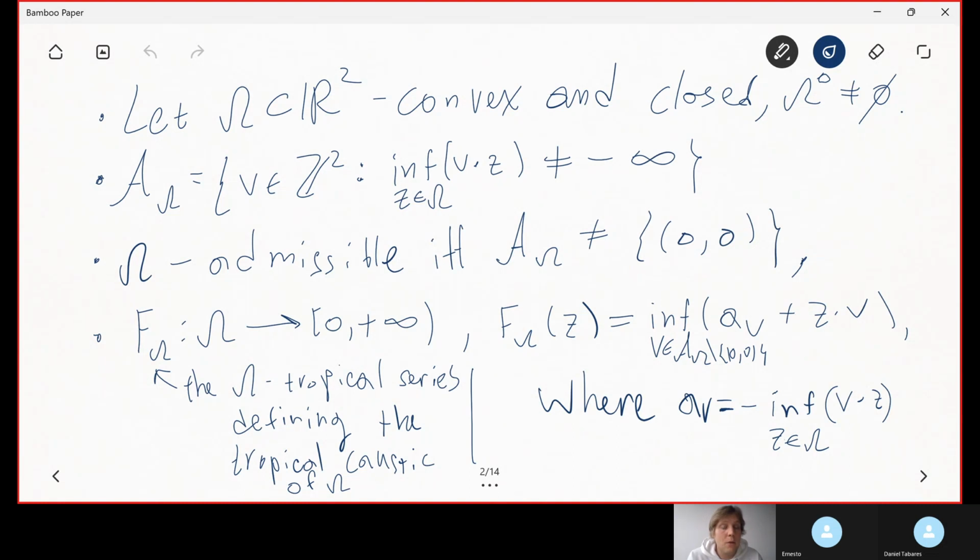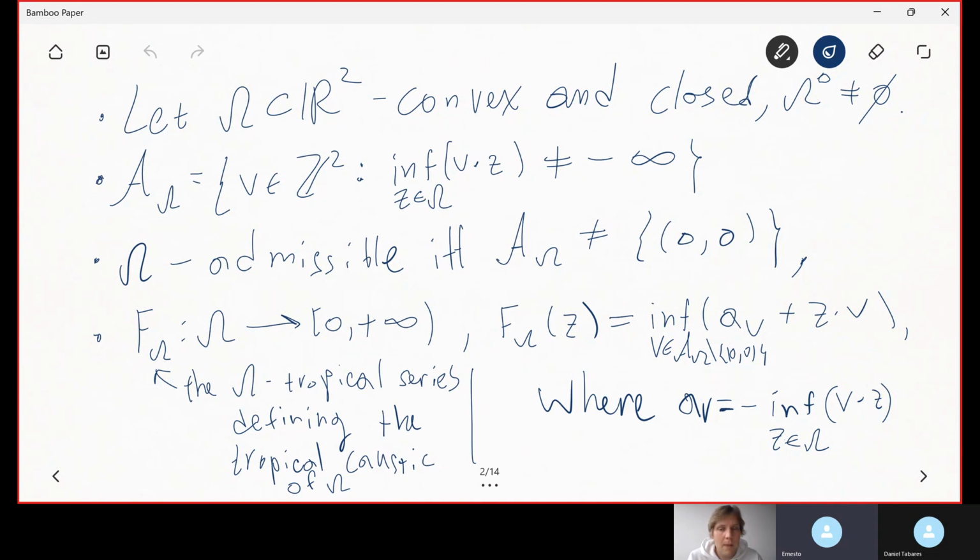And Omega is admissible if and only if this set of tropical monomial powers is not identically just (0,0). So there is something.